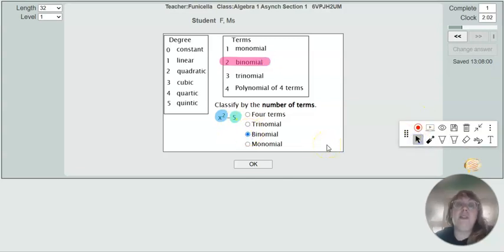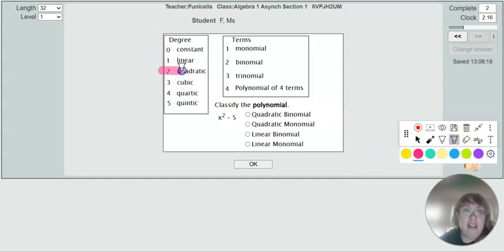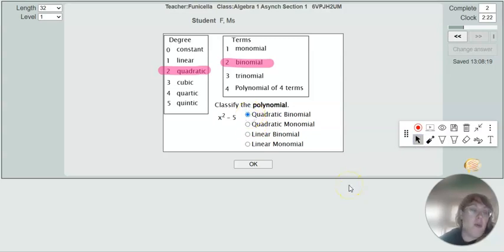Remember that terms are separated by addition and subtraction. So whenever we see addition or a subtraction sign, we're looking at the next term. So to classify this all together, we had a highest degree of 2, and we had 2 terms, so it's a quadratic binomial. And then hit OK.